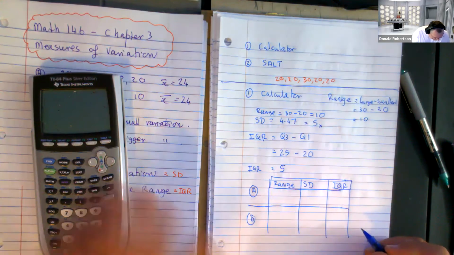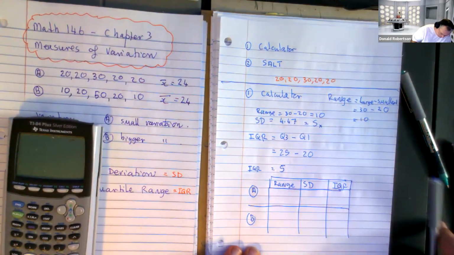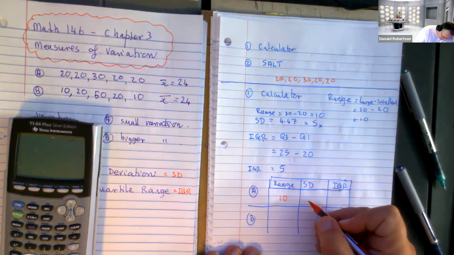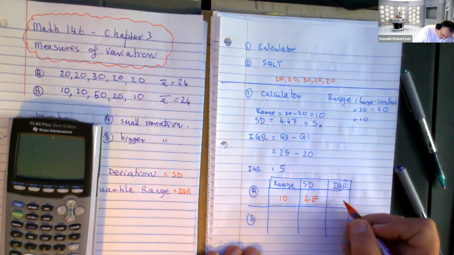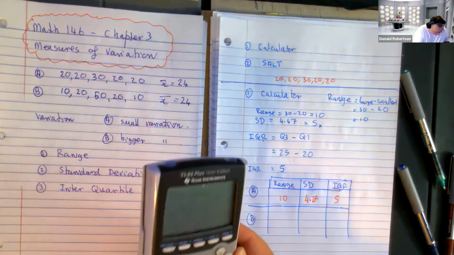And guy A was pretty consistent, wasn't he? Didn't vary too much. And the numbers we got were 10, to 2 decimal places, 4.47 and 5.